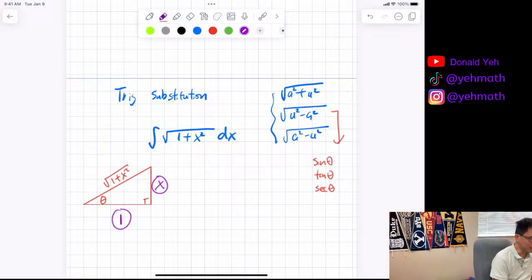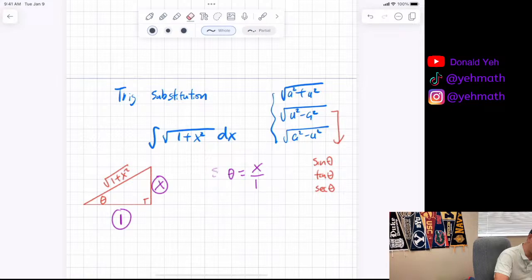So what does that mean? That means sine of theta is equal to x over 1, would you say? My fault, tangent of theta.